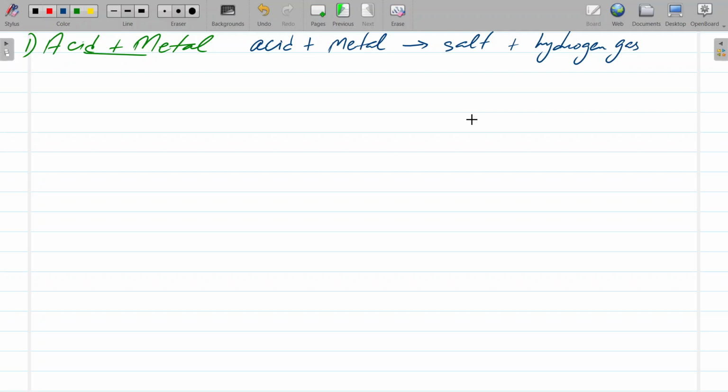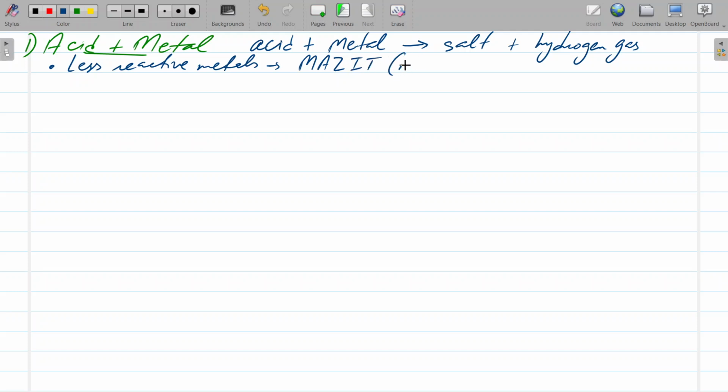And so we generally use less reactive metals for this. They've given you an acronym over here. The ones that are usually used for this method of salt preparation, you can remember them this way.